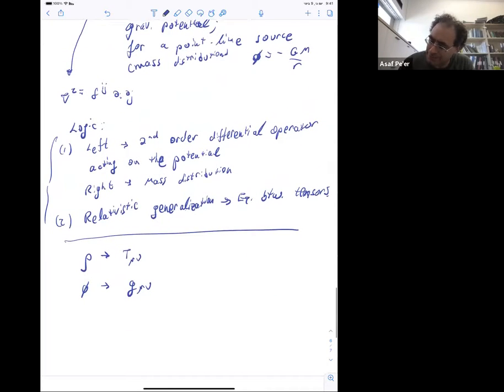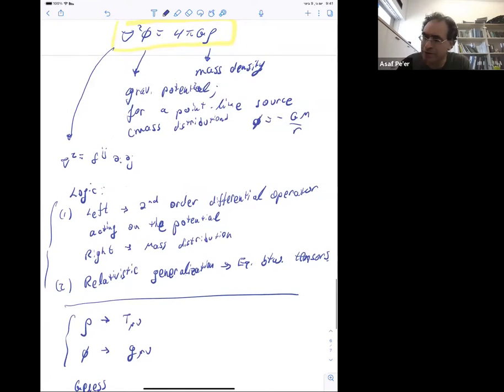So we have an equation that will have T mu nu on one side, which will be proportional with some constant to the second-order derivative of the metric, because we have here a second-order derivative of the potential.